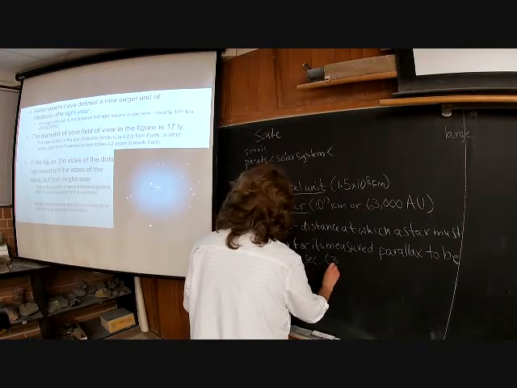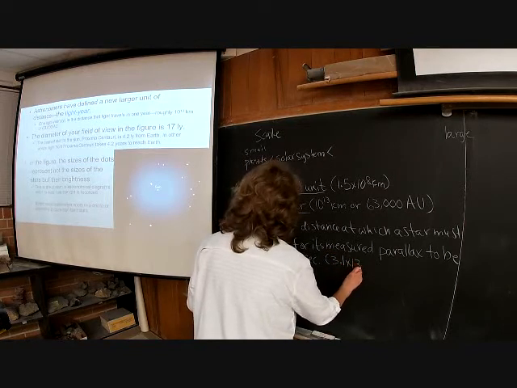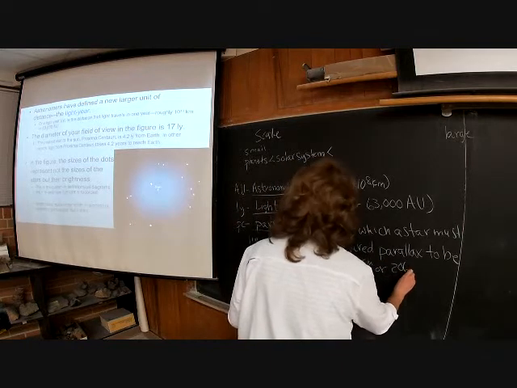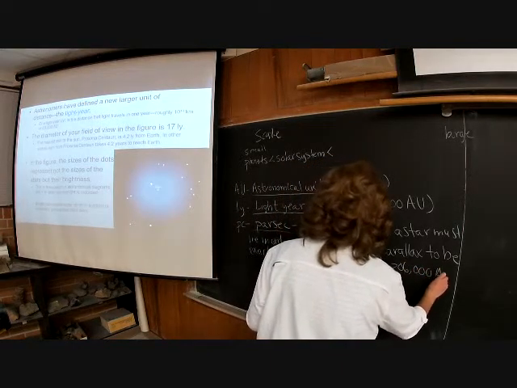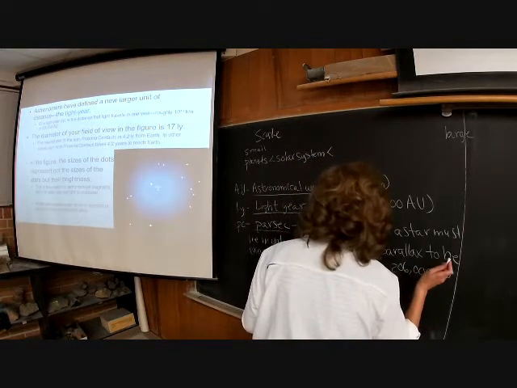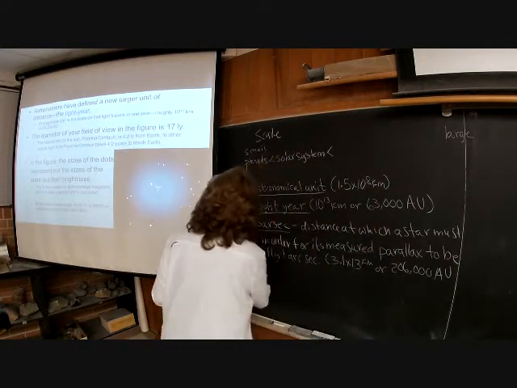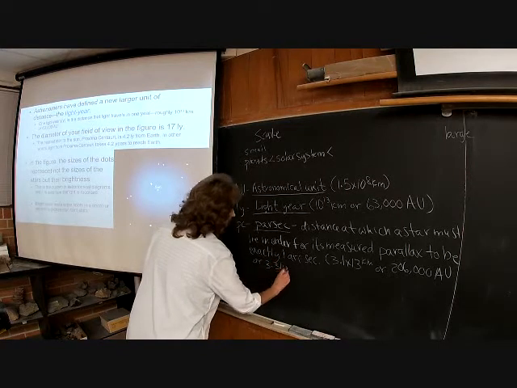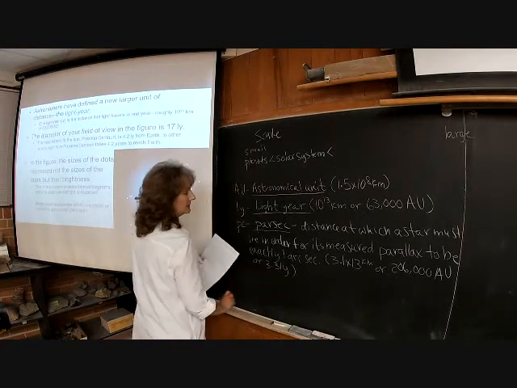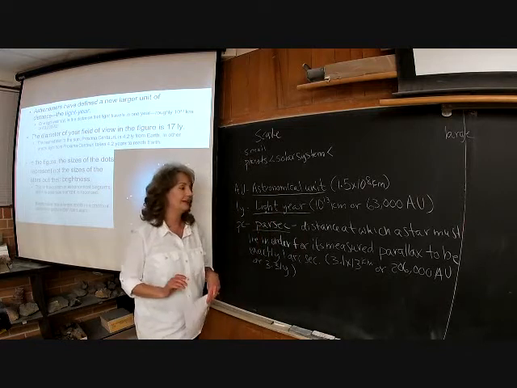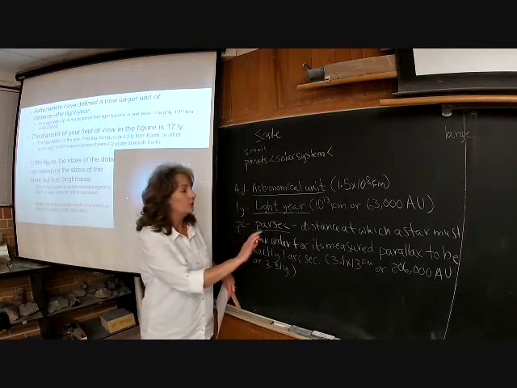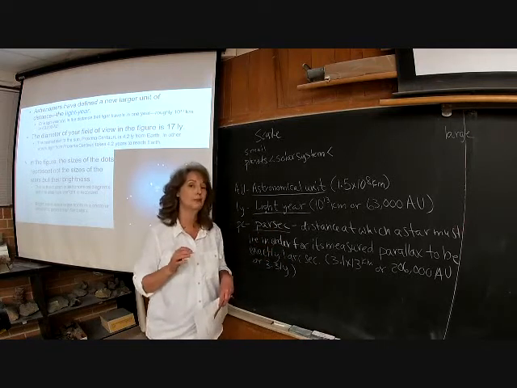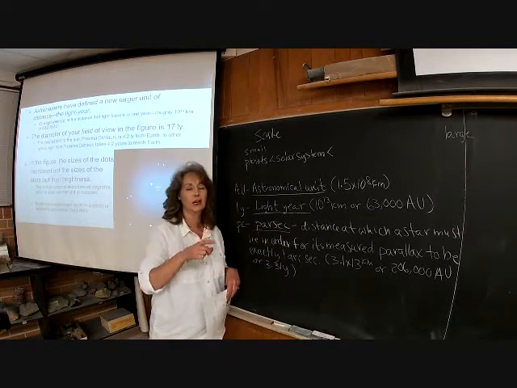So a parsec is the distance at which a star must lie in order for its measured parallax to be exactly 1 arc second.